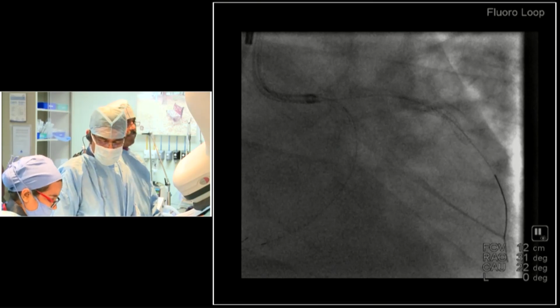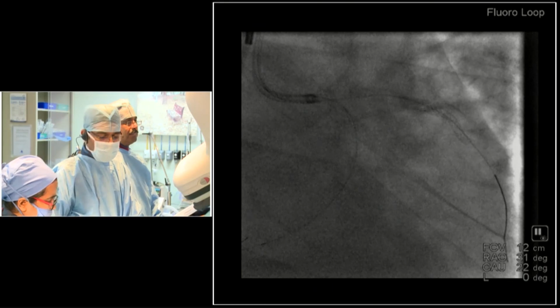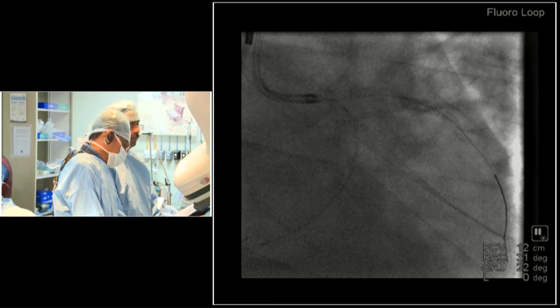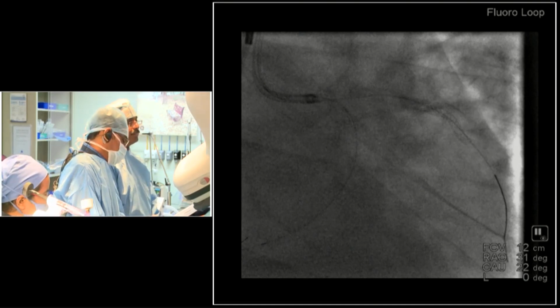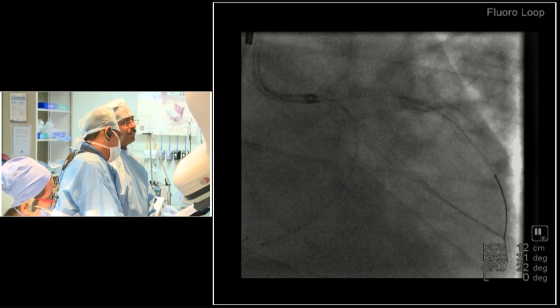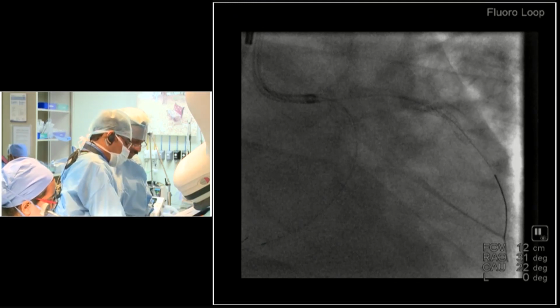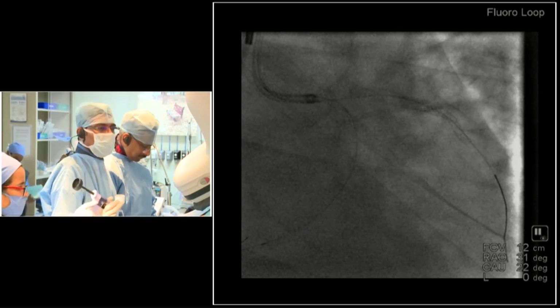Suppose we cannot cross with a balloon at all. If it is not expanded, then that is a no other go situation. We have to do it. In fact, we came today with a plan to rotablate. But we felt it is very high risk to do a rotablation in this patient. If it is a no other go situation that is different, but we could get a reasonable expansion with this balloon.